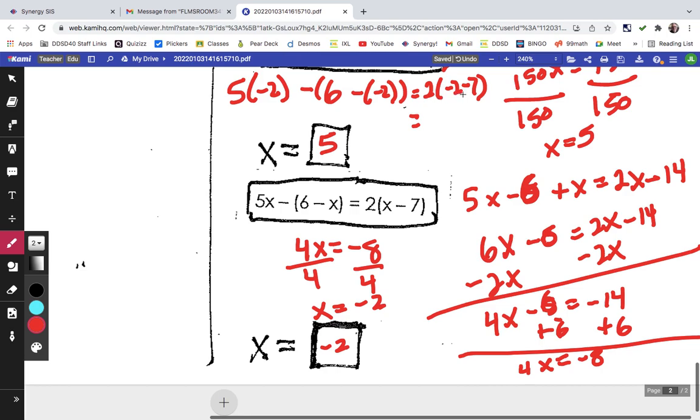So -2 minus 7, that's -9. -9 times 2 is -18. This side we have 6 minus -2, that's 8. And this is a -10, so -10 minus 8 is also -18. So -2 checked out. So that is the answer key for the algebra unit test taken on the 16th of December.